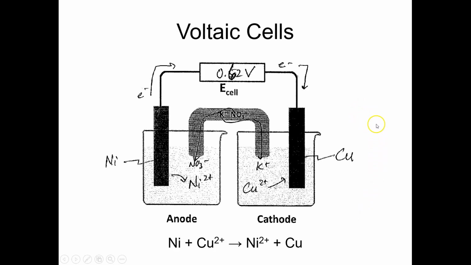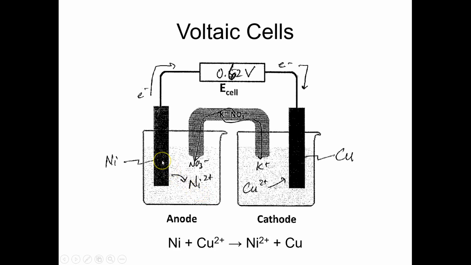So the first part of the question asked you to label the locations of the nickel metal, the copper metal, the nickel ions, and the copper ions. Well, because nickel is being oxidized in this reaction, and as you'll recall from our mnemonic, oxidation occurs in the anode compartment, then the nickel metal and the nickel ions are going to be in the anode compartment.